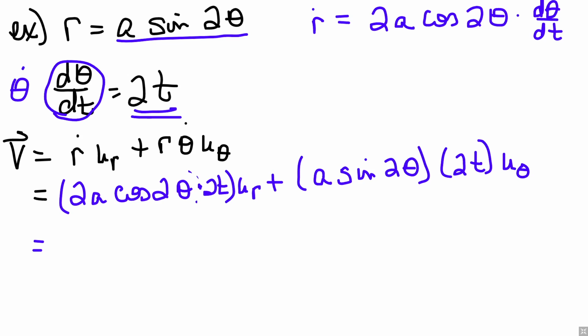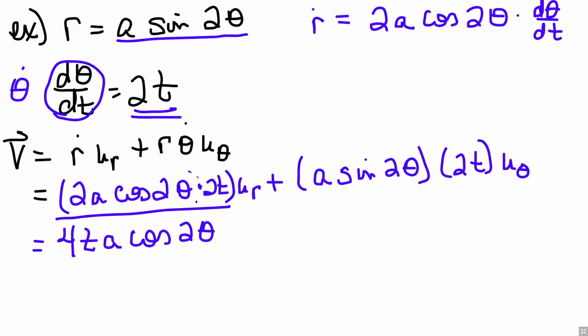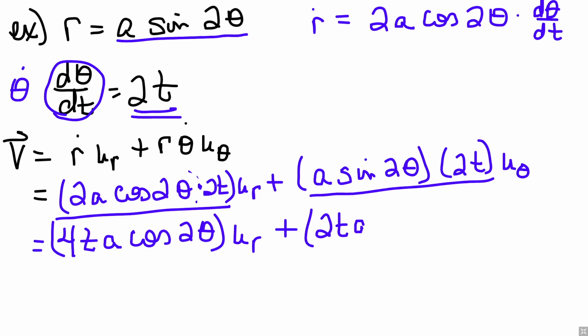Okay. So if I clean this up, for the first piece, that's going to give me 4t times a times the cosine of 2 theta in the u of r direction, plus for the second piece, and my cleaning up is just to pull things up front, we're going to have 2ta times the sine of 2 theta in the u of theta direction.